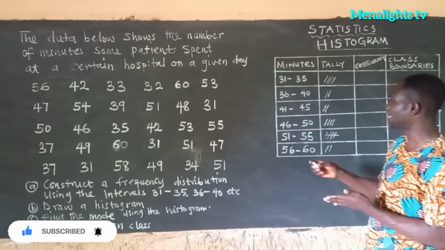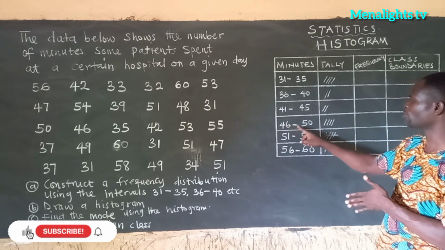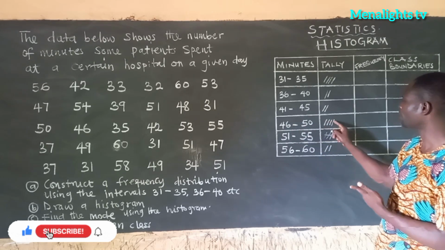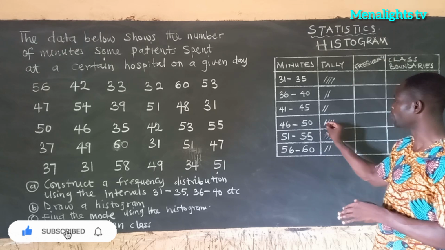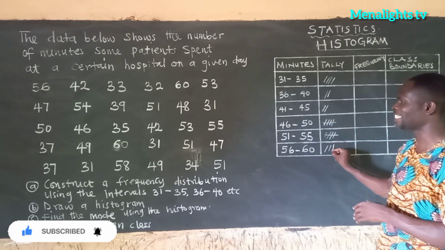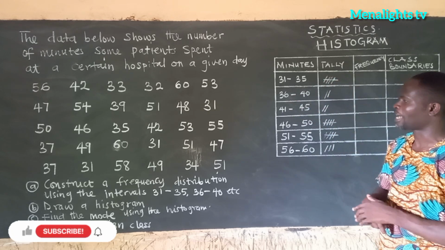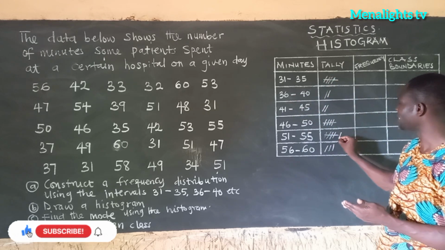Then 49. Our 49 is between 46 to 50. So 1, 2, 3, 4, and the fifth one we cross it as well. Then we have 60, and the 60 is here. 31, the fifth one we cross it. After 31, I have 51, which is here.